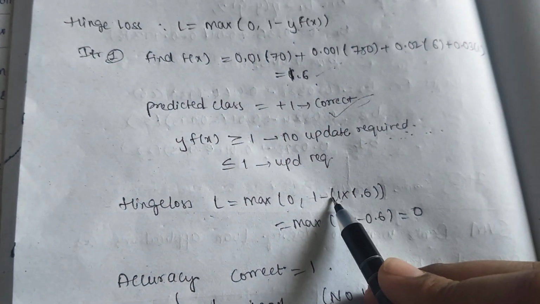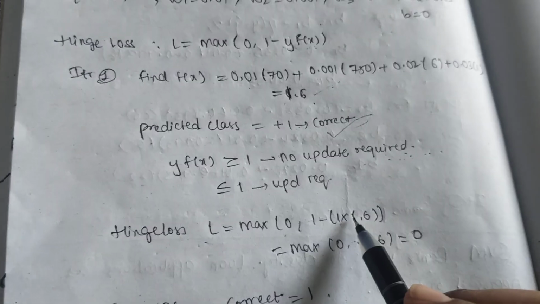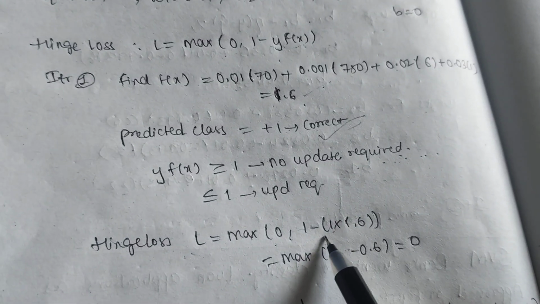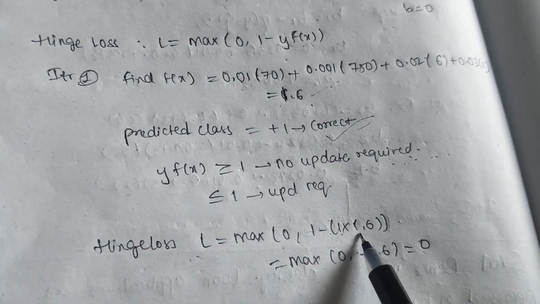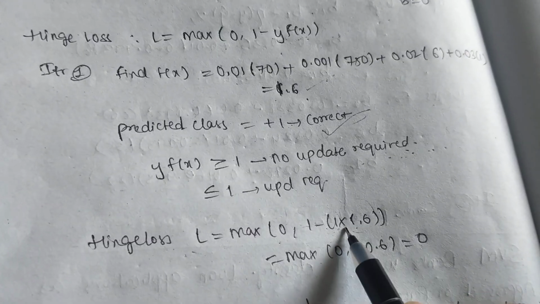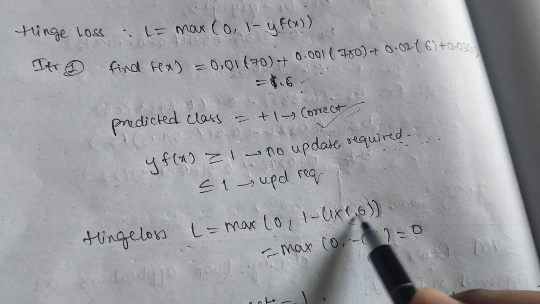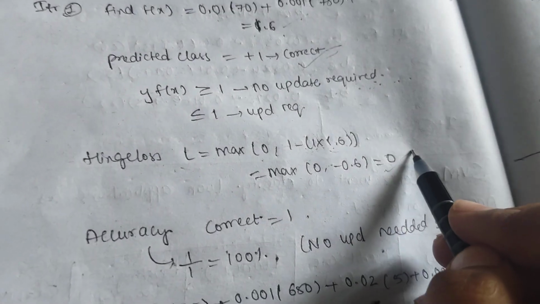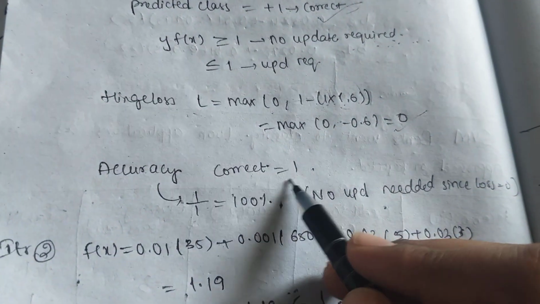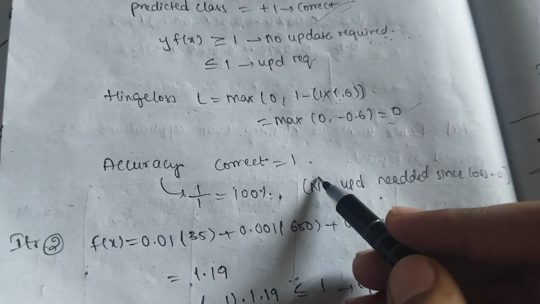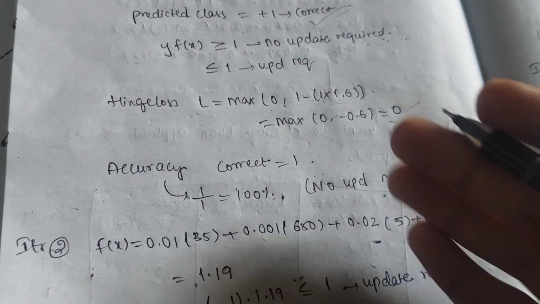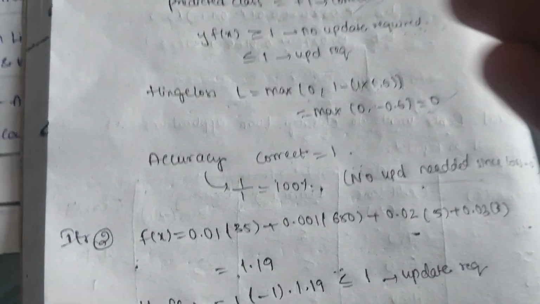The y value was +1 and the f(x) was 1.6, so 1 minus 1 times 1.6. It is correct. The accuracy was 100%. That means there is no need to update because you have predicted the right one. It is matching.